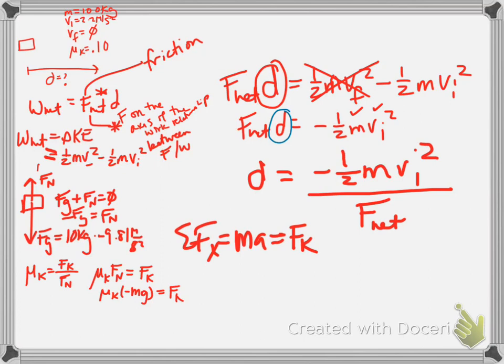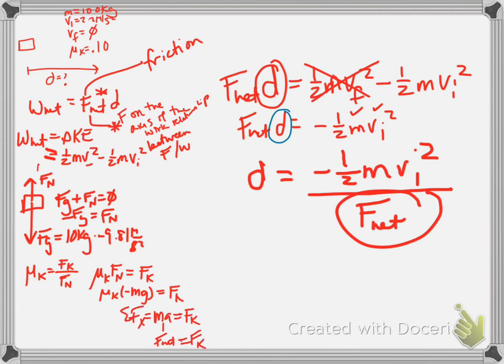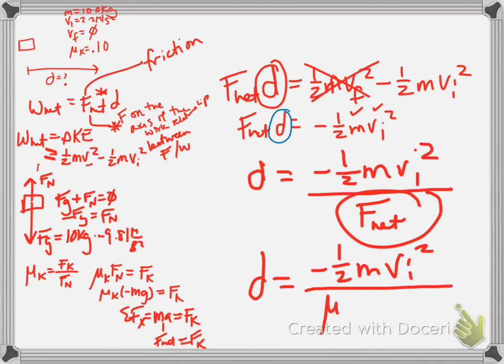So whatever acceleration is occurring is equal to Fk. Since this is Fnet, Fnet equals Fk. Okay, get it? The distance that the sled travels is equal to 1/2 its mass times its initial velocity squared, all divided by mu k times negative mass gravity.